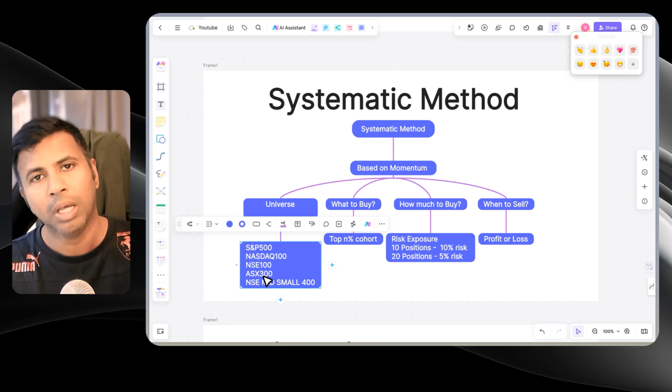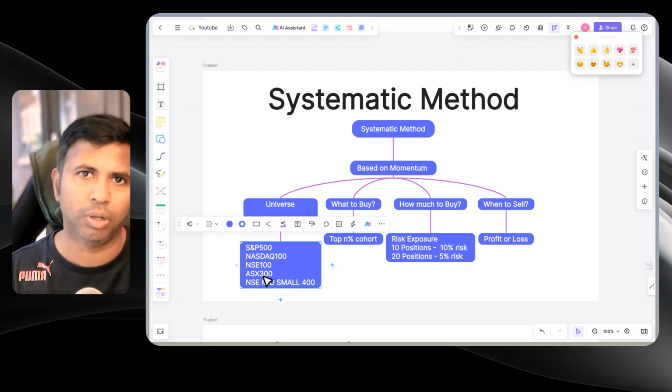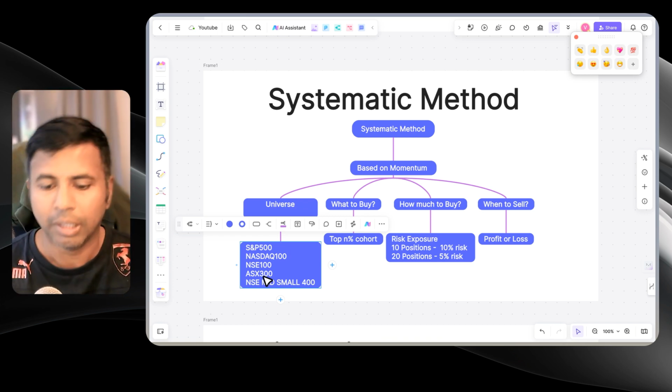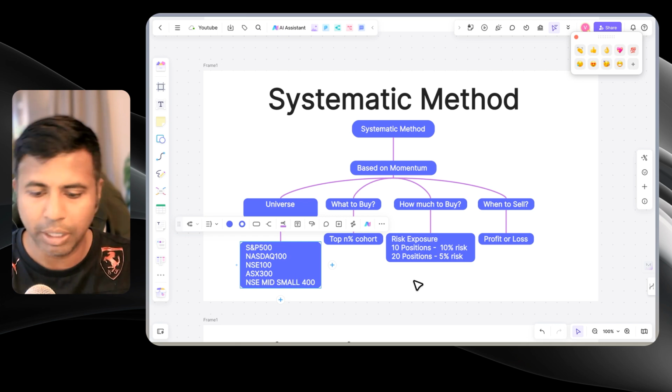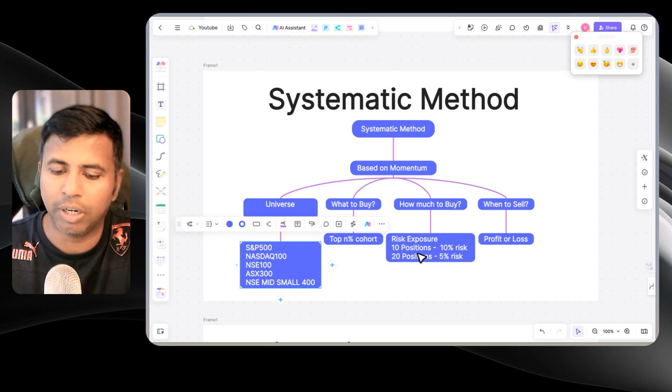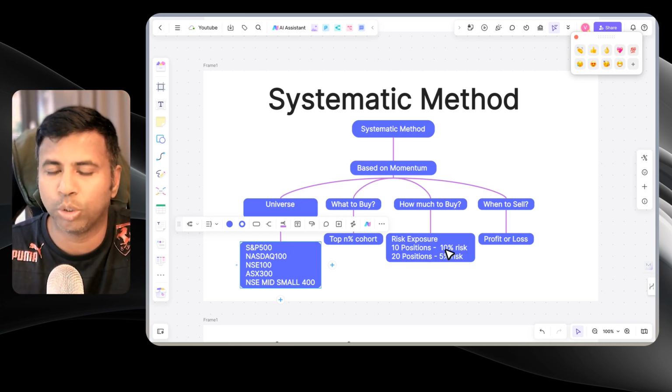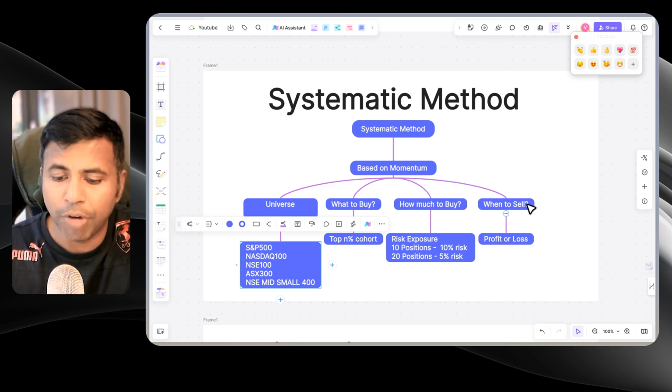You are left with 200 stocks, and then you can select 5 from that. So that's how I have defined my retirement fund. In that case, I have 10 positions, so I have 10% risk per position, and when to sell.